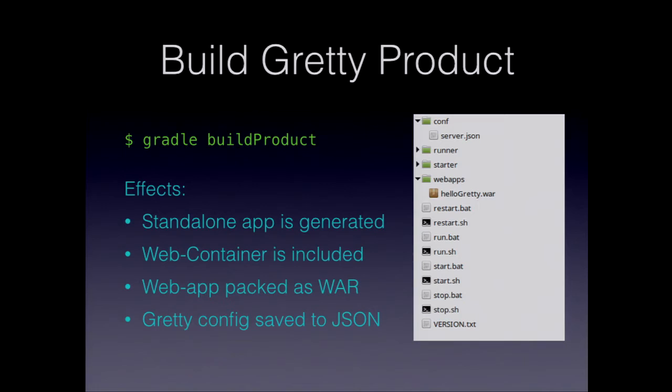And then there is a webapps folder that might be familiar to you from the Tomcat world. We have the webapps folder and then a set of web applications. And there is a set of startup scripts. The scripts with names start and stop are ready to be integrated in some operating system startup sequence.